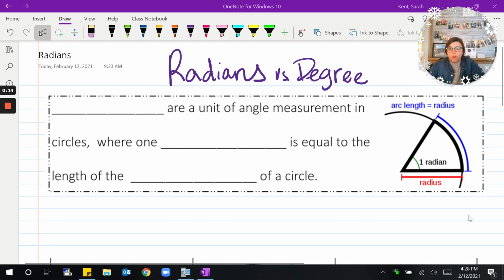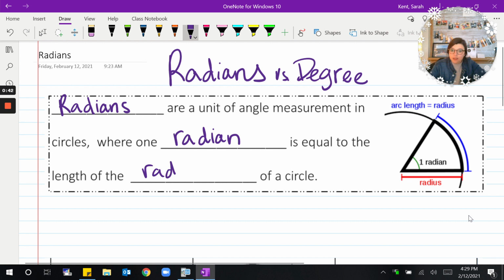Radians are a unit of angle measurement in circles where 1 radian is equal to the length of the radius of a circle. So you can see this picture here.